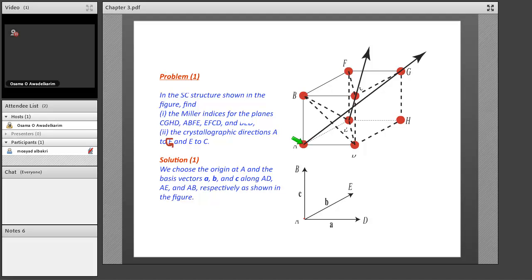Along the A axis, it is 1. Along the B axis, again, it is 1. Along the C axis, again, it is 1. So this vector is 1A plus 1B plus 1C, so the direction is 1, 1, 1.